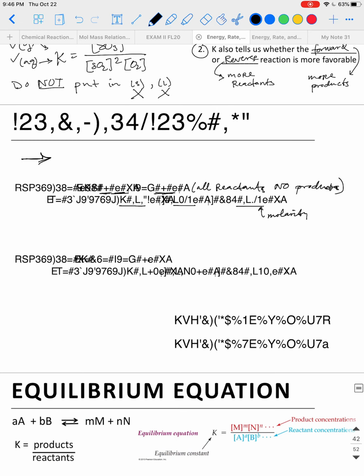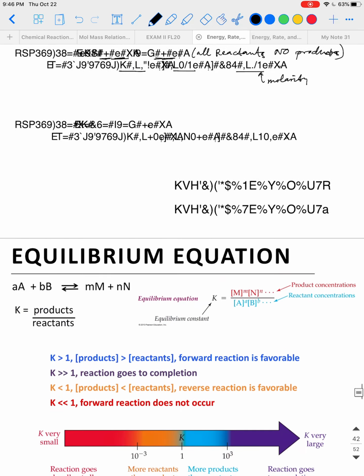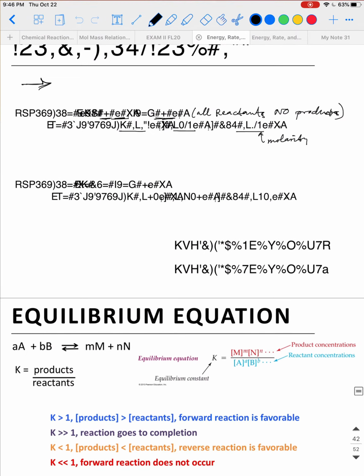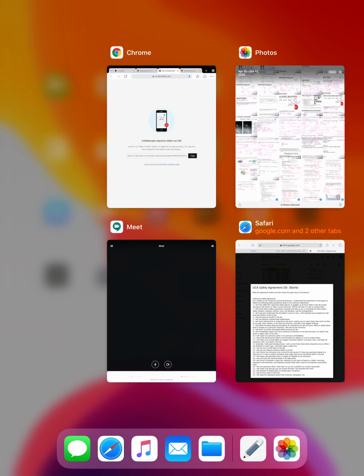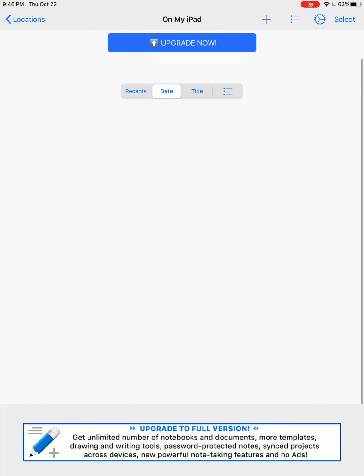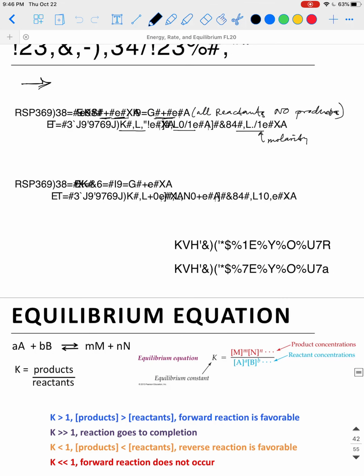I don't know what is happening to this iPad. Well, that's crazy. Please show up. Let me try to go out of it. Maybe the app just needs to be closed. Okay, open it back up. Nope. Let me try to get rid of it and now reopen it. This is bizarre. Now it's treating my finger like the pencil.